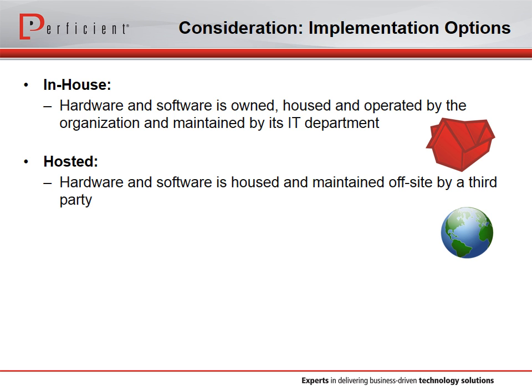With an in-house implementation, your organization essentially buys all of the software licenses and necessary hardware and stores and maintains the hardware on site. This gives your organization complete control and responsibility for the system, but it also requires a great deal of knowledge, time, resources, and physical space from your organization.